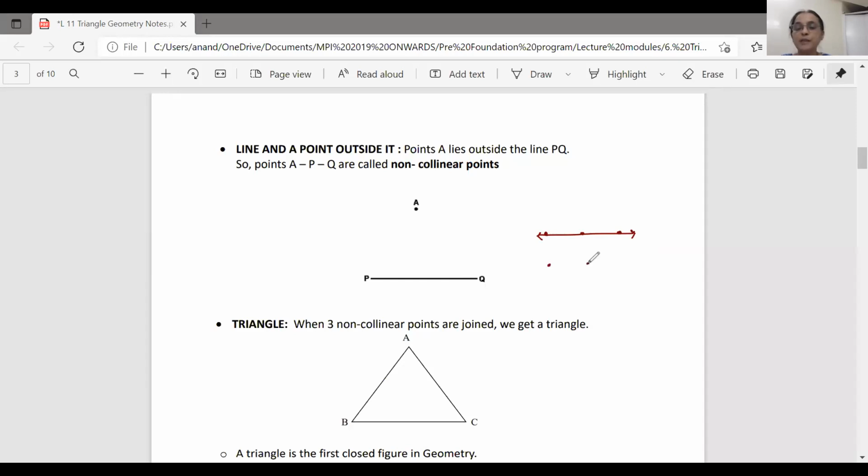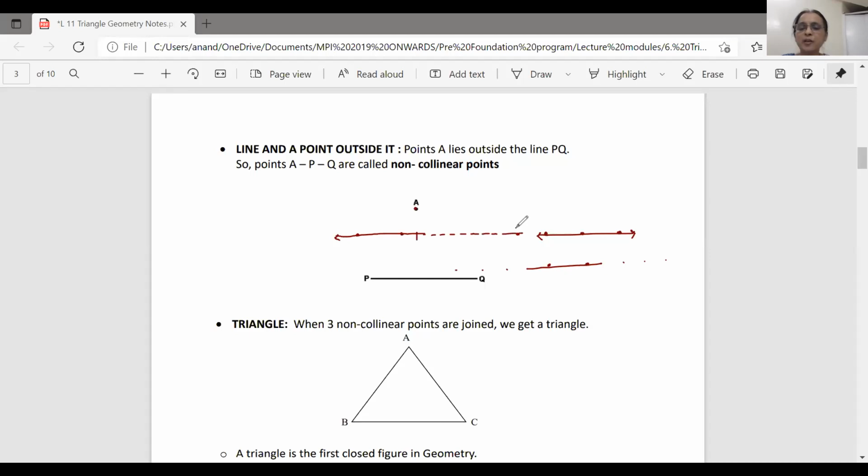2 points will make a line and the third point should lie outside that line. It should not fall anywhere on the line extended also. These 2 points have made my line. Suppose I draw my third point somewhere here, which will fall on the line extended.